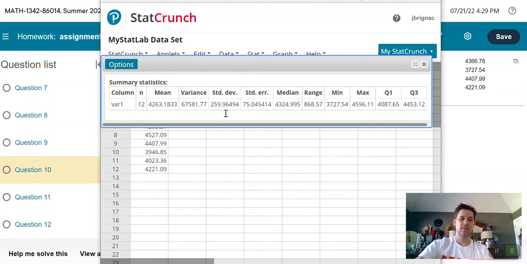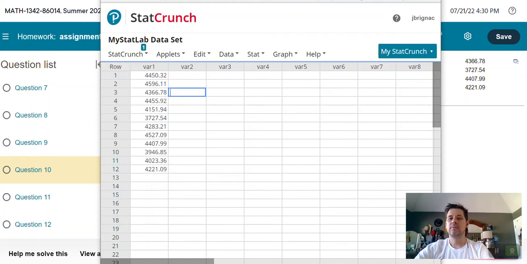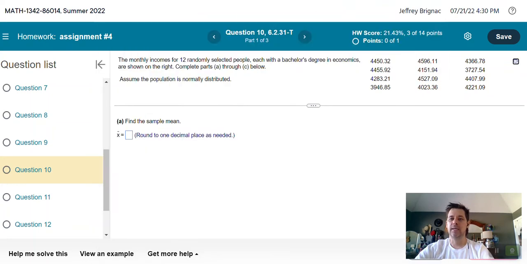Okay, so I wrote down the mean and the standard deviation. And the sample size is 12. I'll probably need that number too. Okay, so I got those numbers written down. I'm going to close this, and I'm going to close StatCrunch too.